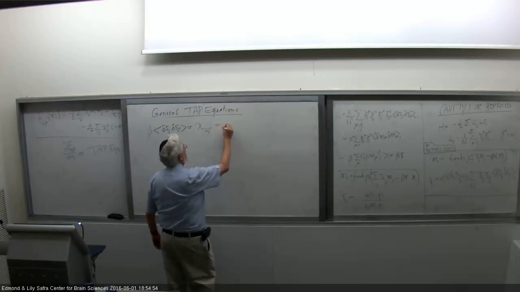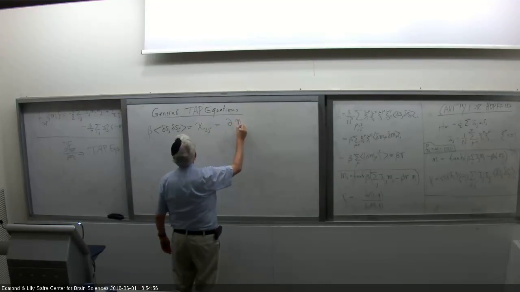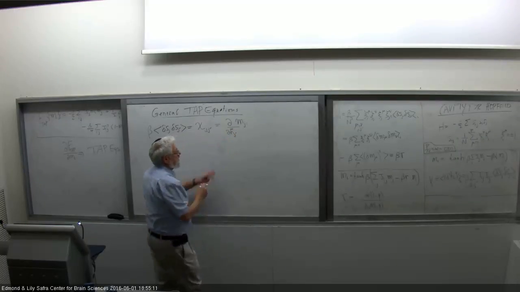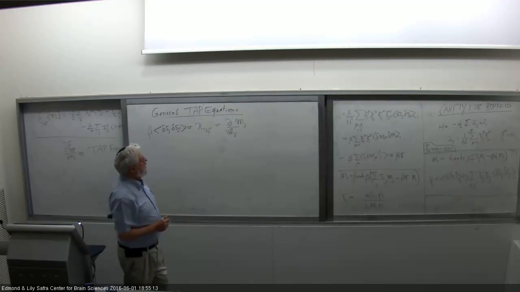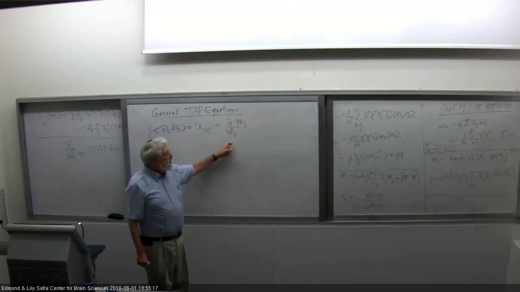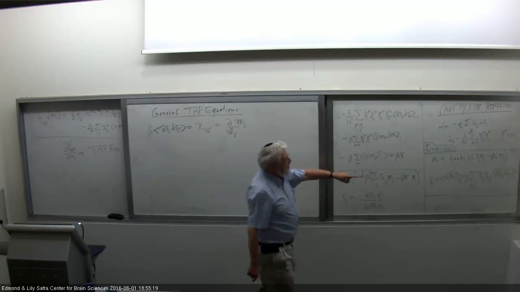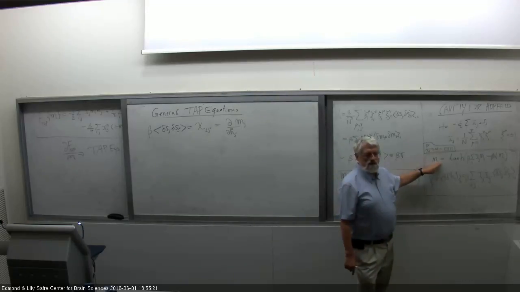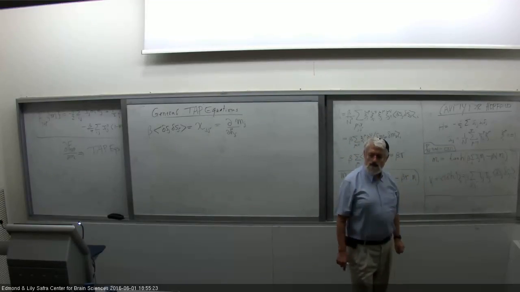It is taking the derivative of mj with respect to some small external field j prime. It doesn't matter, it's a symmetric matrix. This is nice, because I can add fields to the mean field equation and compute the susceptibility.